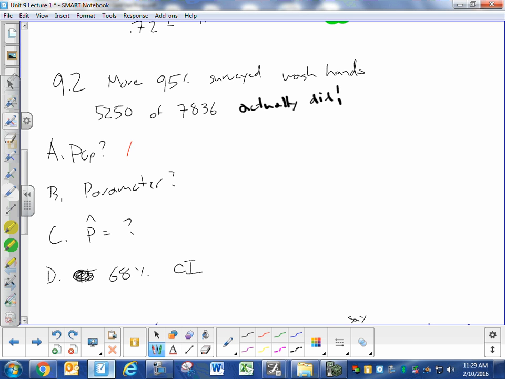Population, it'll just be Americans that use public restrooms. The parameter is the percent that wash their hands.